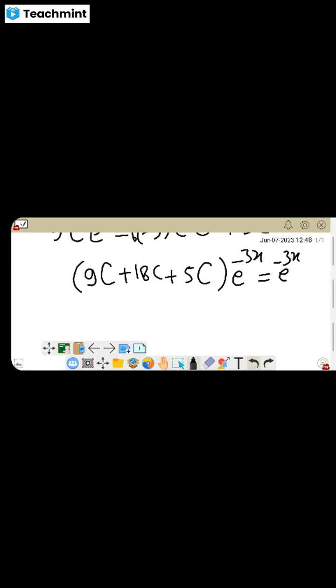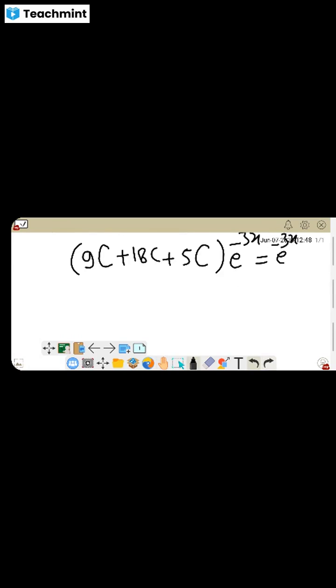Now we leave e to the power minus 3x in the denominator in the next step. So we have 9c plus 18c plus 5c, and now add these values. On adding, we have 32c.